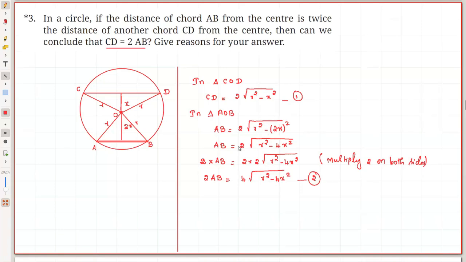From 1 and 2, CD is not equal to 2 times AB. The right-hand sides are not equal. Therefore, we cannot conclude that CD is equal to 2 times AB.